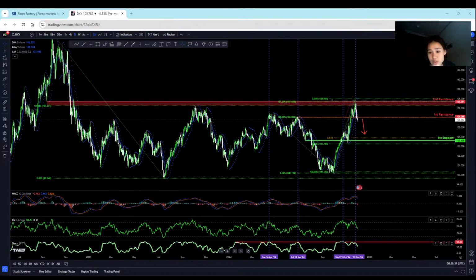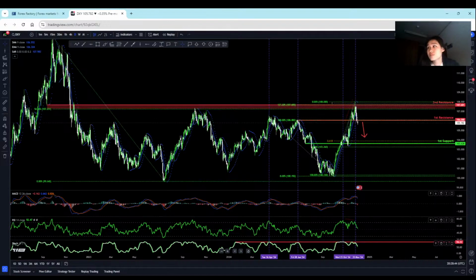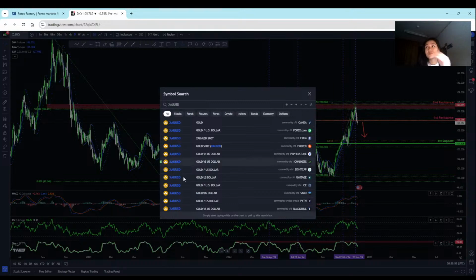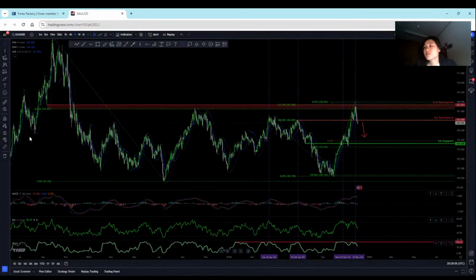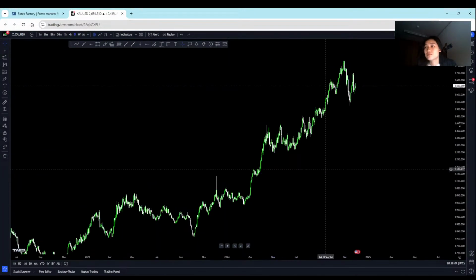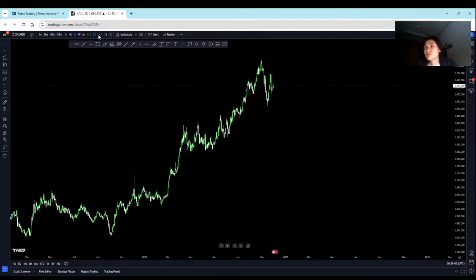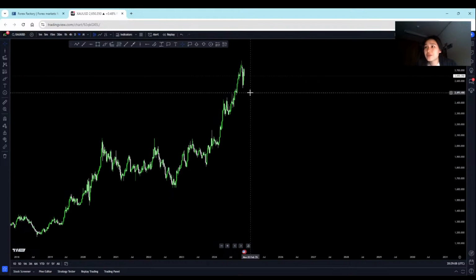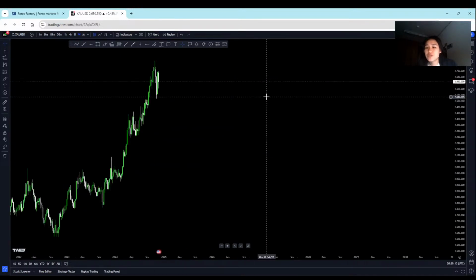Okay, next we'll take a look at gold. On our weekly time frame, you can see prices generally moving upwards as well.